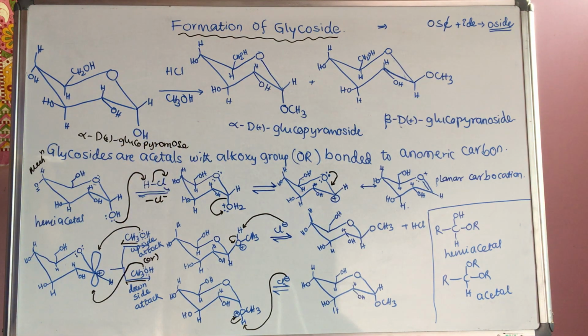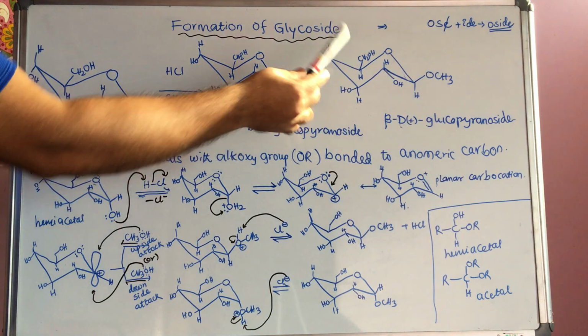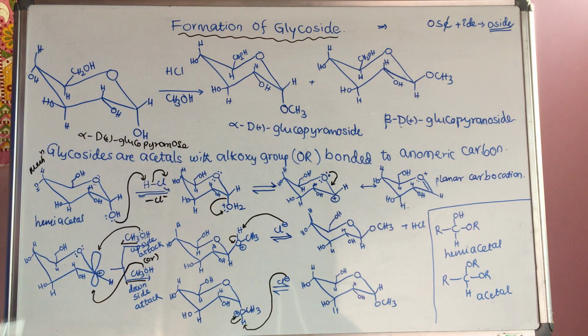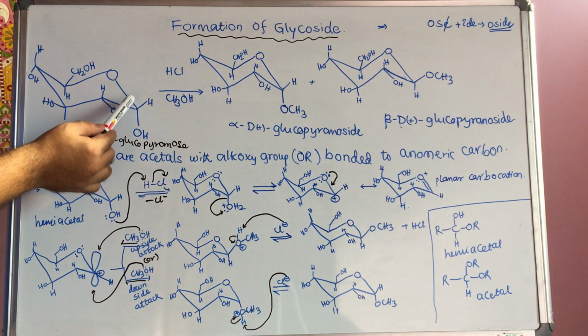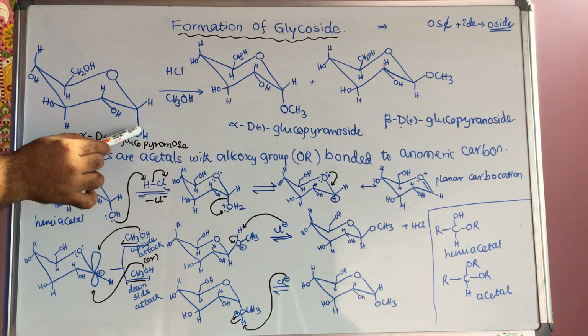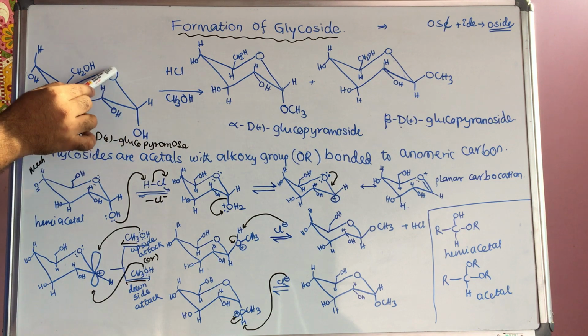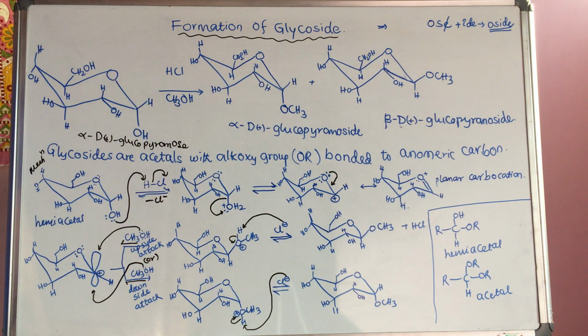You can take beta-D-(+)-glucopyranose also. We will get the same product. Reason: already we know what alpha-D-glucopyranose is. This OH group is opposite to this cyclic oxygen, that is alpha-D-glucose.